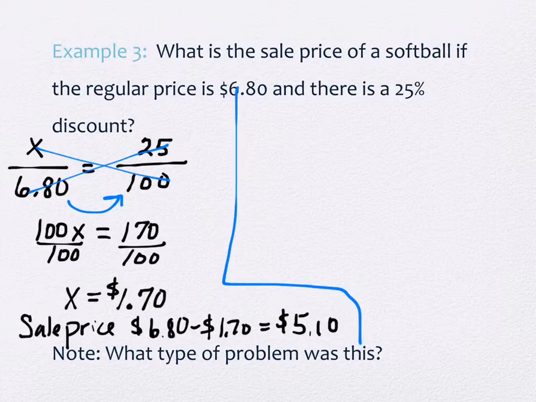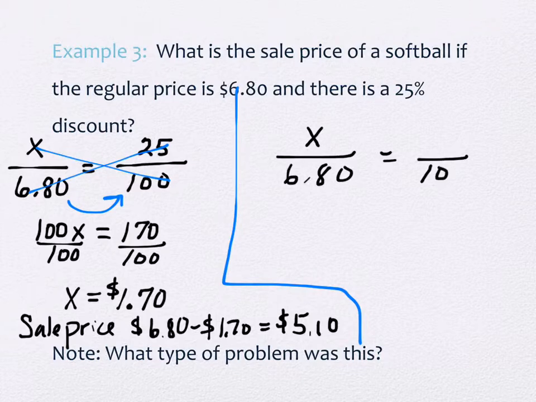So we're going to start the problem very much the same way. We're going to put our x over my 680, and we've got the 100 over here on the right, on the denominator. But instead of using 25, we're going to use 75. Now, where did 75 come from? Right, if there's a 25% sale, then you're paying 75% of the price. That's where that's coming from. Okay?